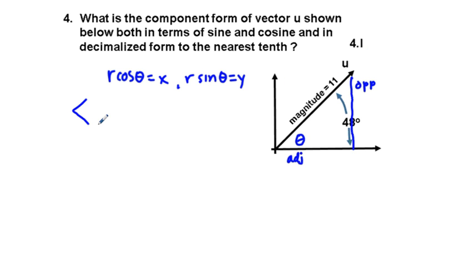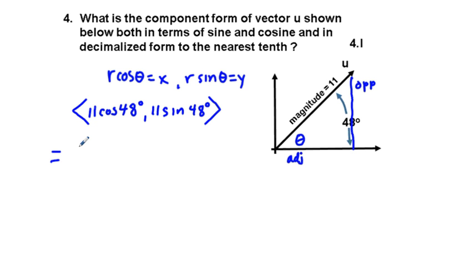Well, our magnitude is our radius, so we have 11 as our r: 11 cosine 48 degrees, and then 11 sine 48 degrees. Okay, so that's our component vector in terms of sine and cosine.